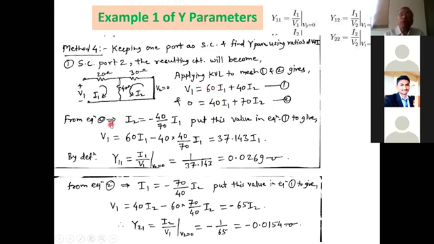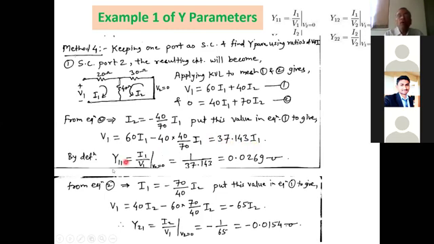So from equation 2, now I2 is minus 40 by 70 I1. Put this value in equation 1, so that you will get V1 equal to 60 I1 minus 40 into this value of I2, 40 by 70 I1. Then after simplifying this, I have got 37.143 I1. So V1 equal to 37.143 I1.